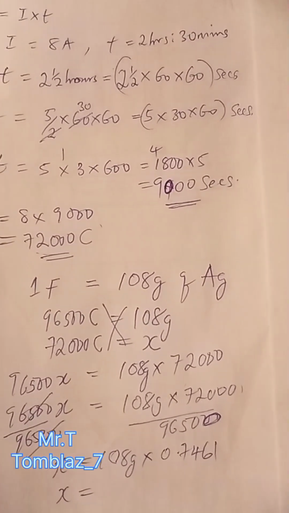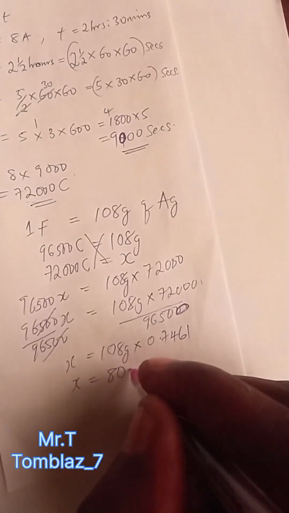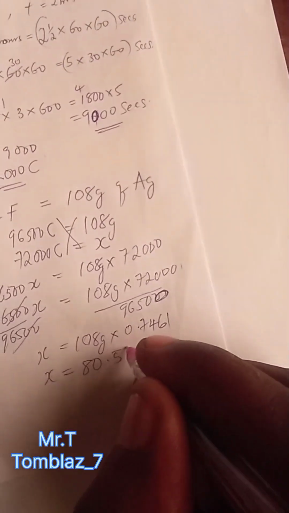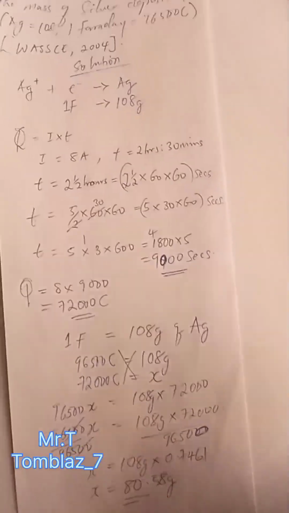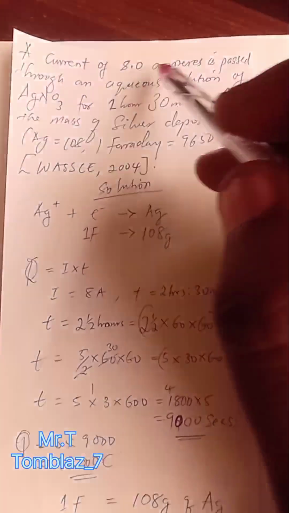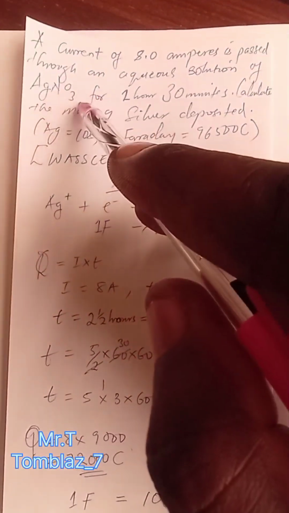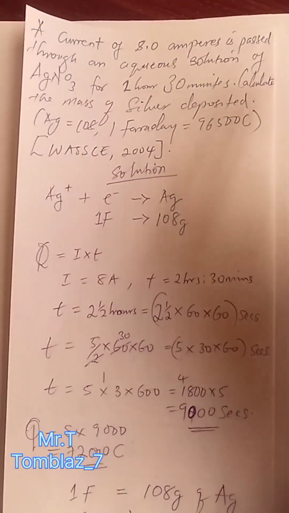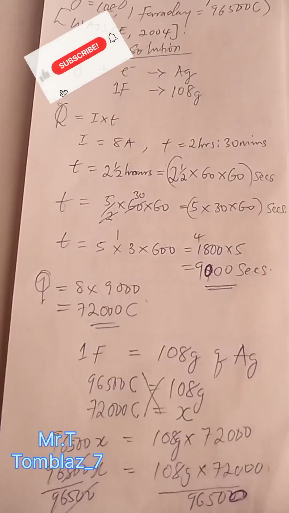Times 108, we're going to be having 80.58 grams. So what this answer means is that when a current of 8 amperes passes through an aqueous solution of silver nitrate for 2 hours 30 minutes, the mass of silver that will be deposited will be what?